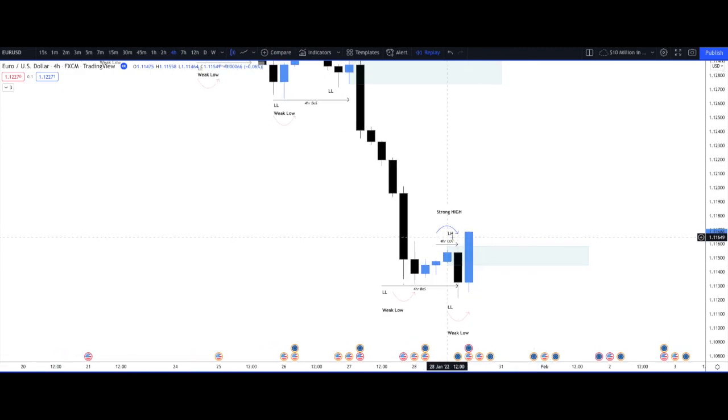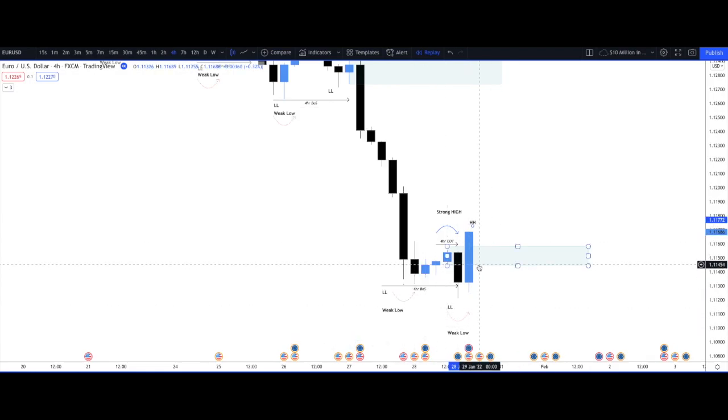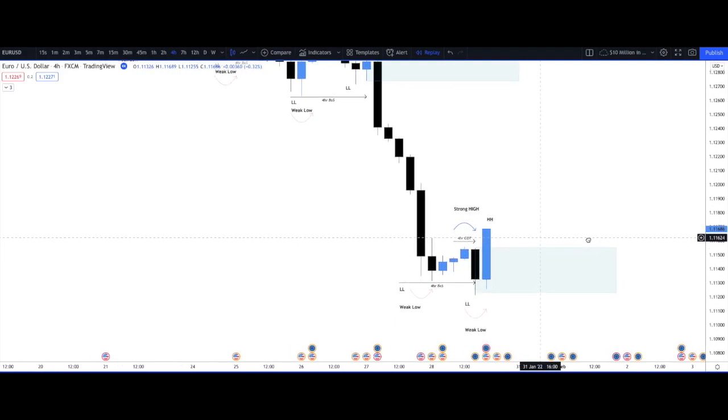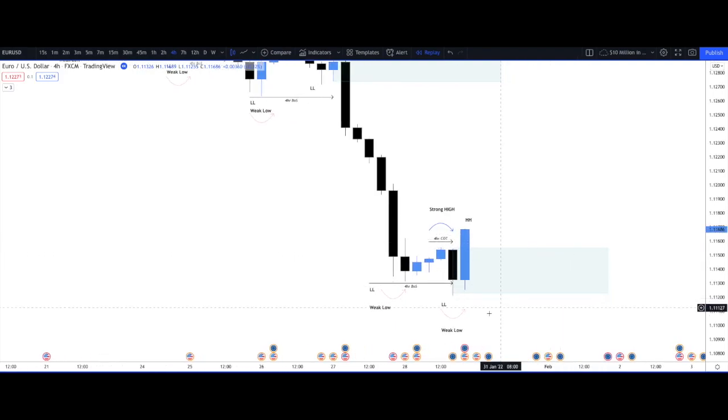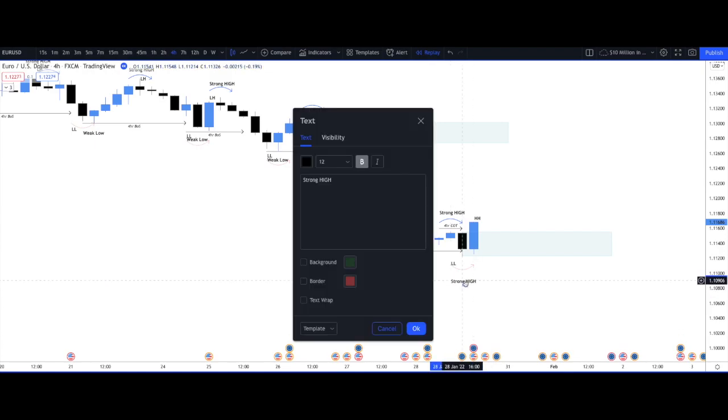So what's this created? We've created a high. We know in the lower time frame that we'll probably have a pullback and create a higher low. So this can become a potential strong low, sorry.